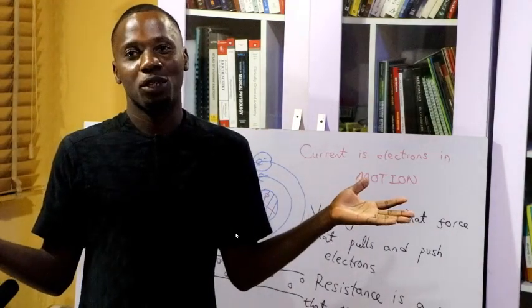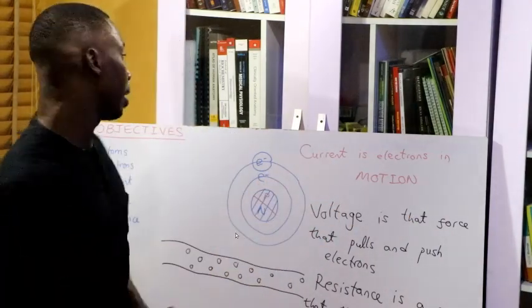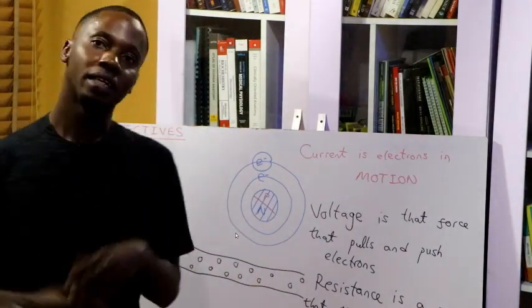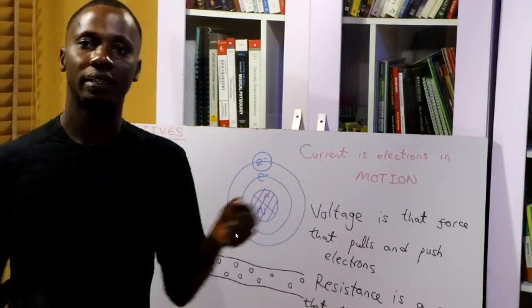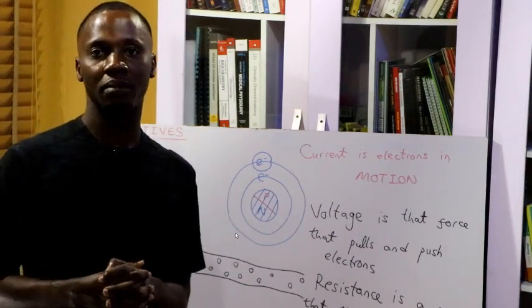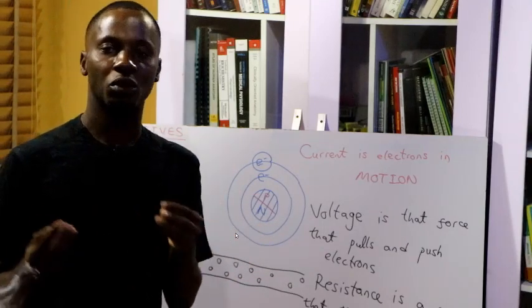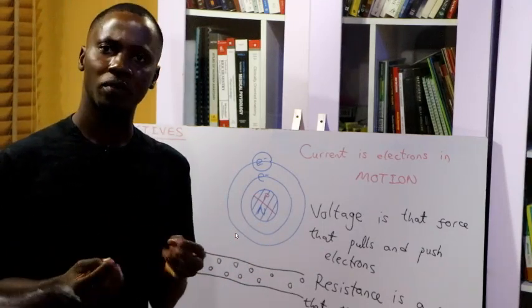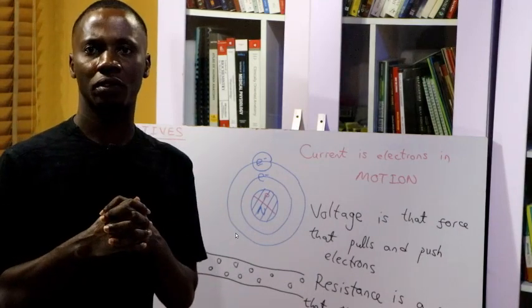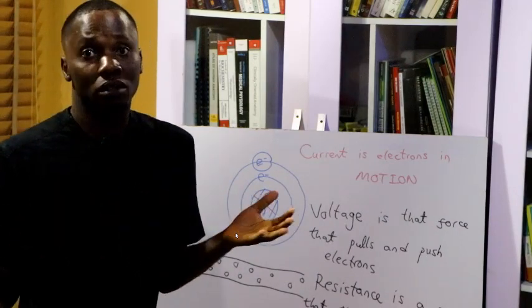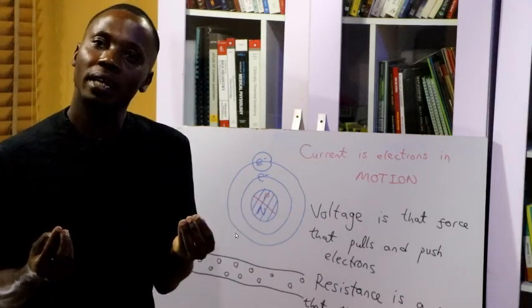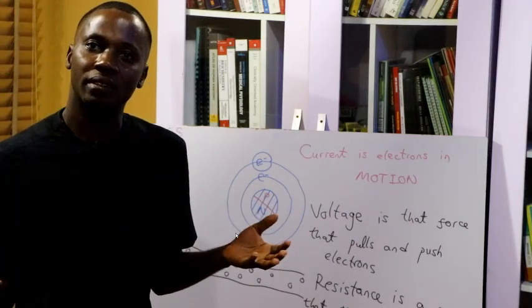We're done. So as a recap, we've talked about atoms. Atoms are the smallest indivisible particle of an element. Within an atom, you have the electron, the proton, and the neutron. We just focused on the electrons. Now we established that when electrons move, they form currents.